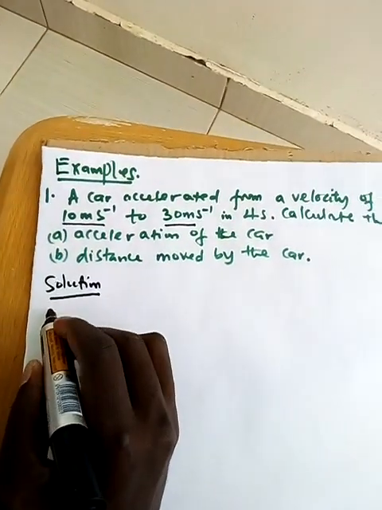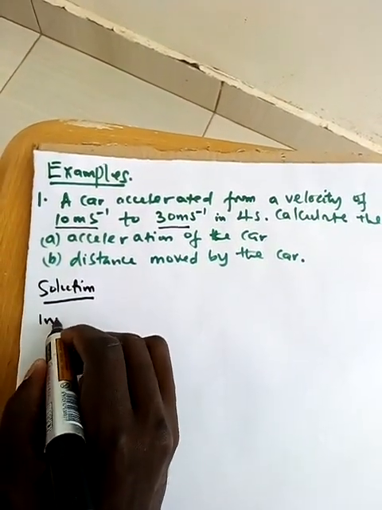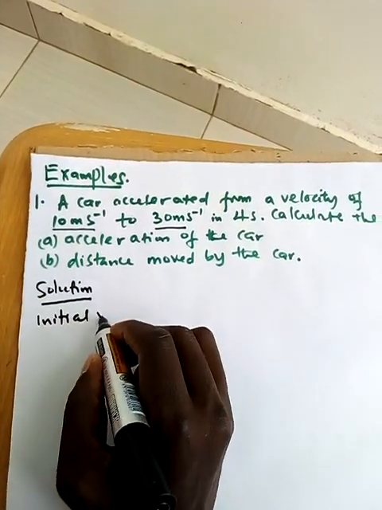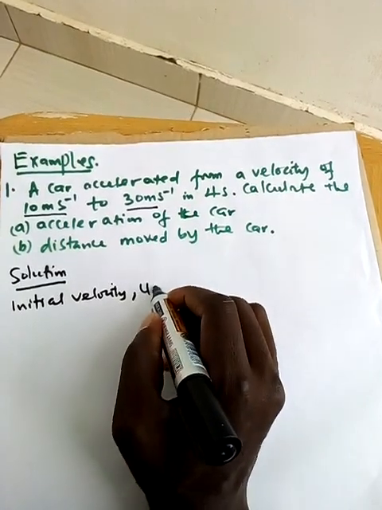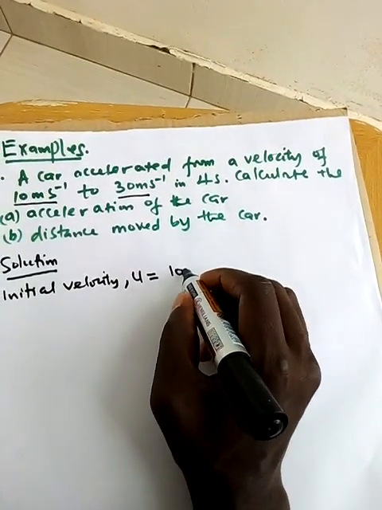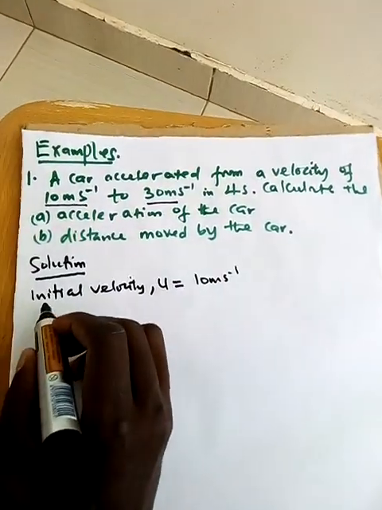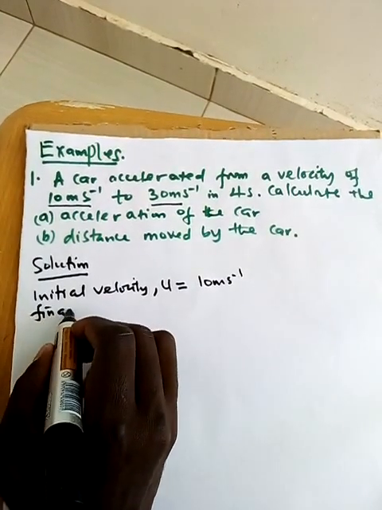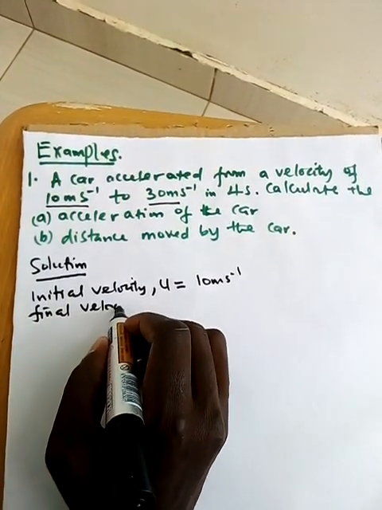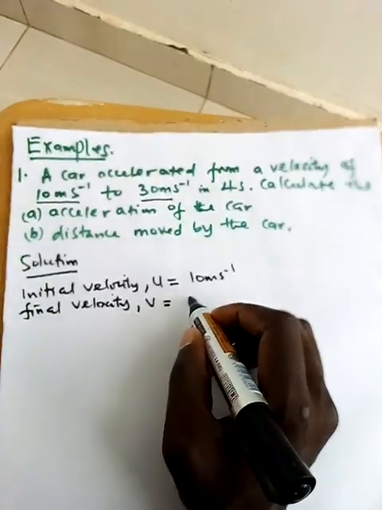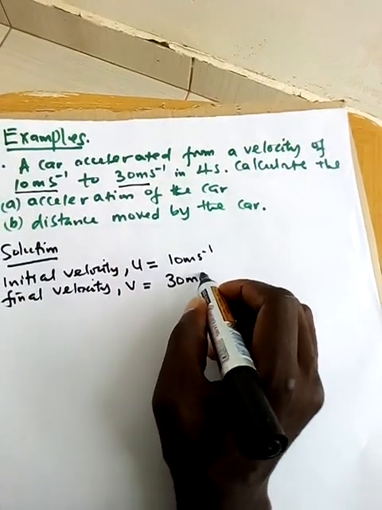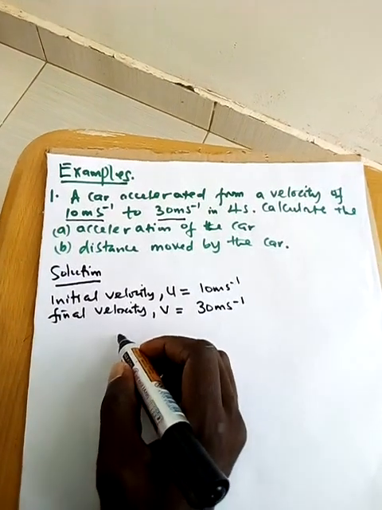So we are having here our initial velocity, which is u, is equal to 10 meters per second. Our final velocity, which is v, is equal to 30 meters per second.